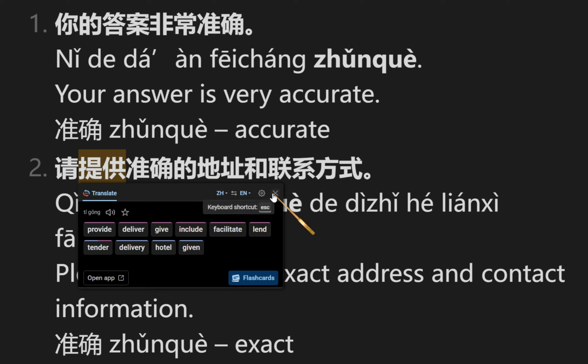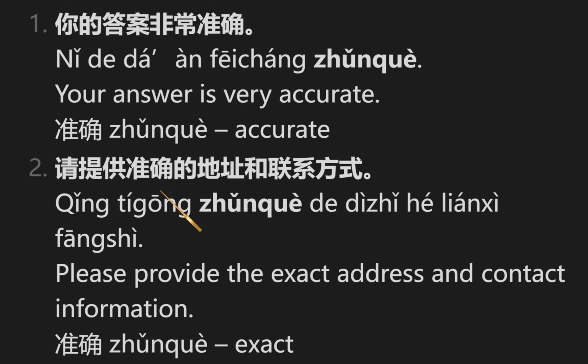For now, we will see this word later. 提供准确, because 地址 is address, and which address? 准确的地址, exact address.